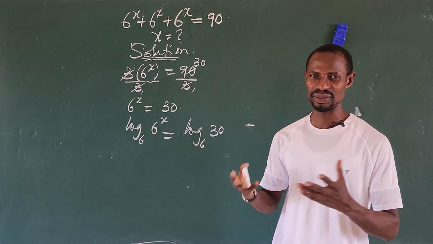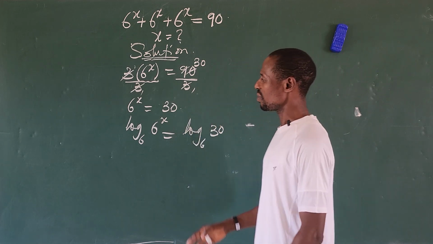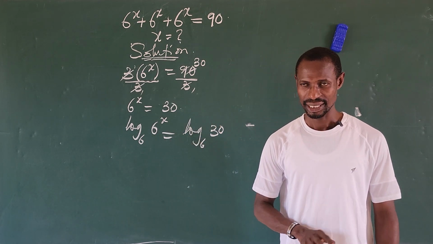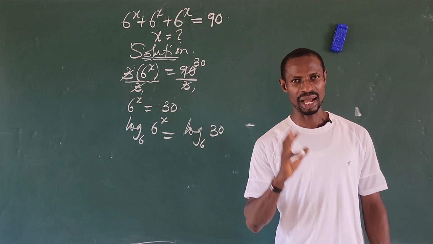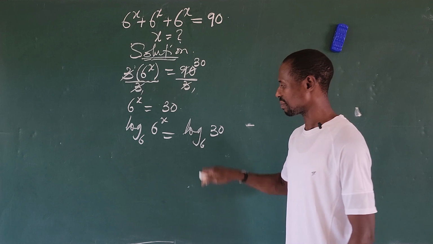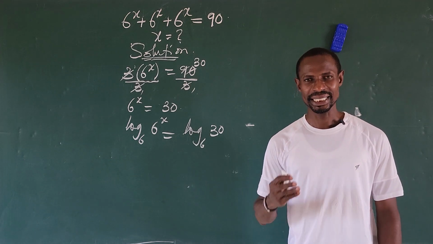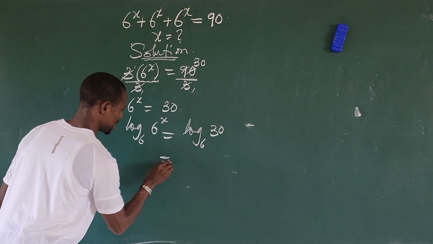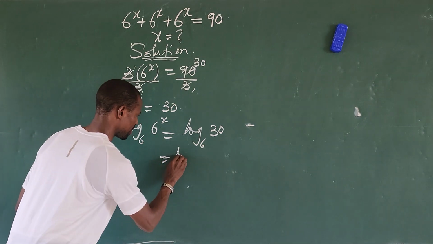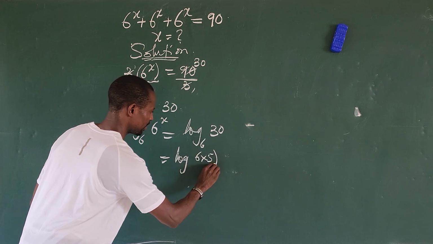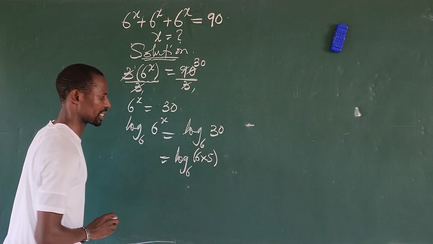See the reason why we are taking log to base 6 and not to base 10, or not taking the natural log ln base e. So this can be split into 6 times 5, right? So we're writing this, then let's keep this side of the equation. So we're going to have here log of 6 times 5, put this in bracket, base 6.